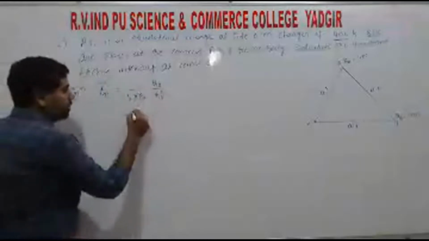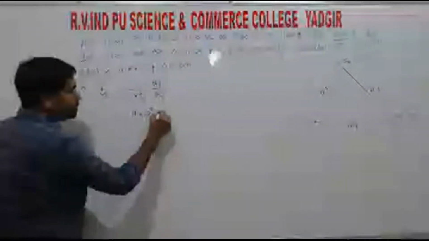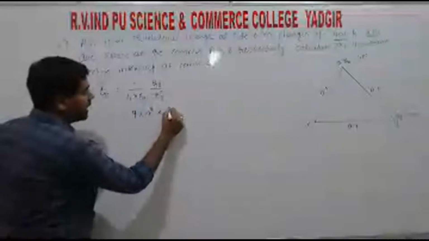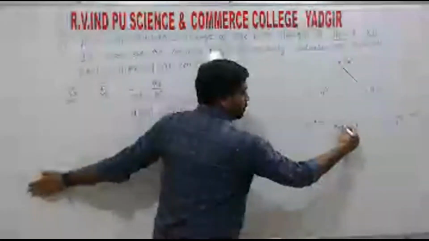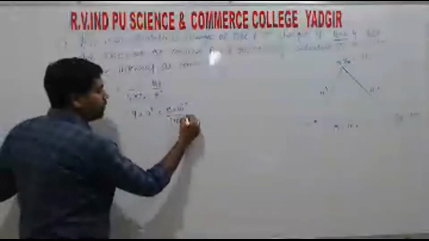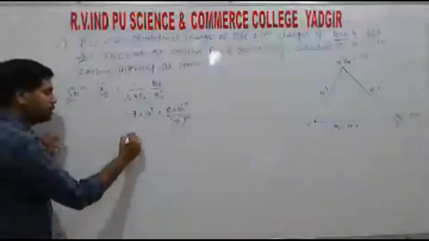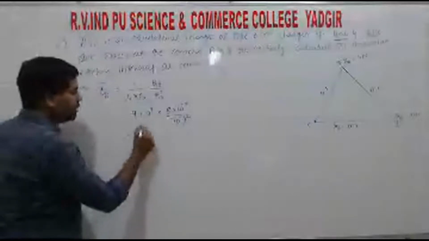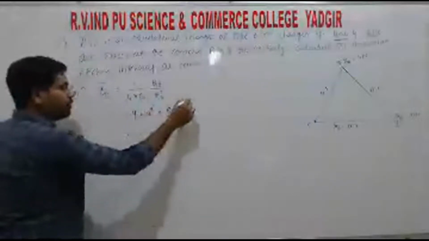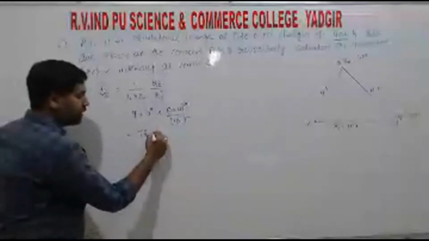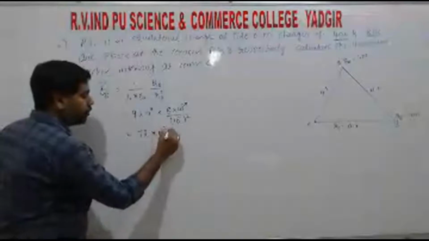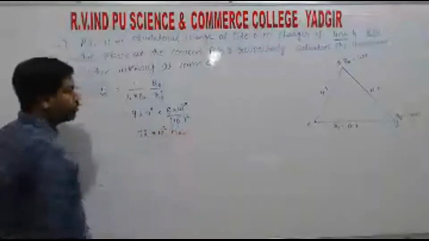We know the values: 9 into 10 to the power of 9 into QB, that is 8 into 10 to the power of minus 9, divided by the distance RB, that is 0.1 meter. So 0.1 can be written as 10 to the power of minus 1 whole square, right? So here plus 9 minus 9 cancel. 8 9s are 72 into 10 to the power of 2 Newton per Coulomb.